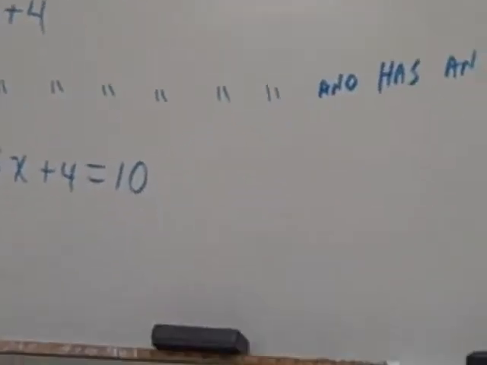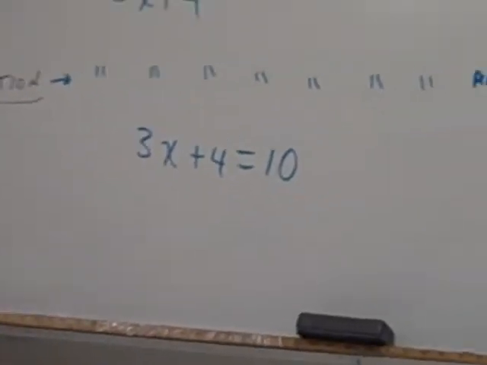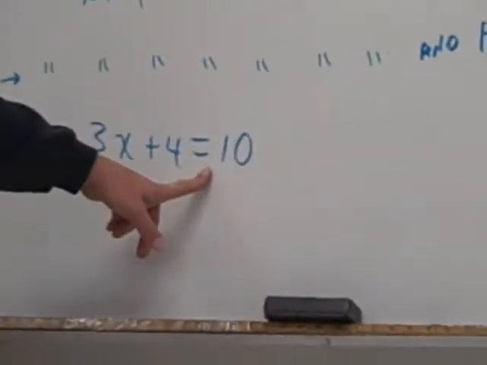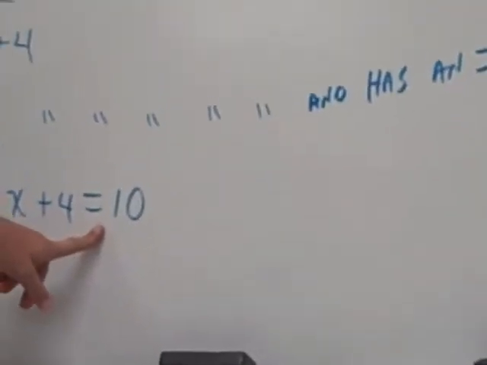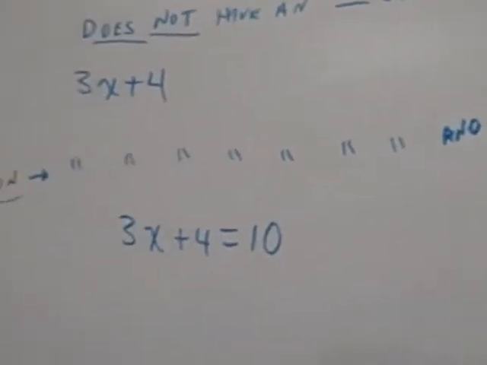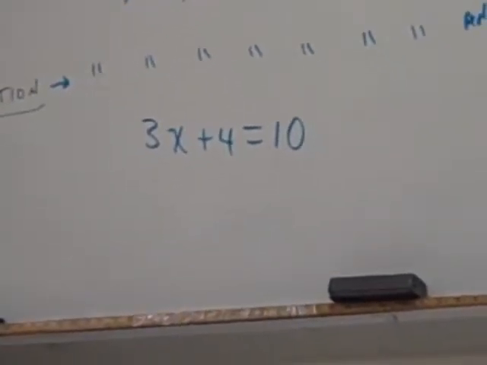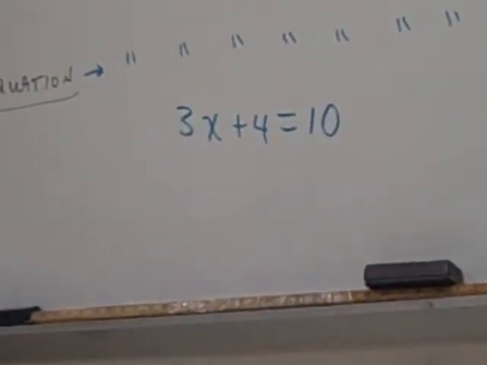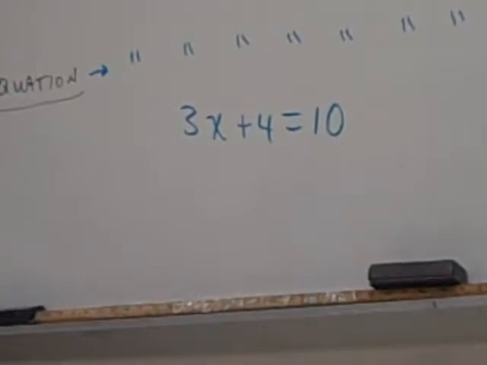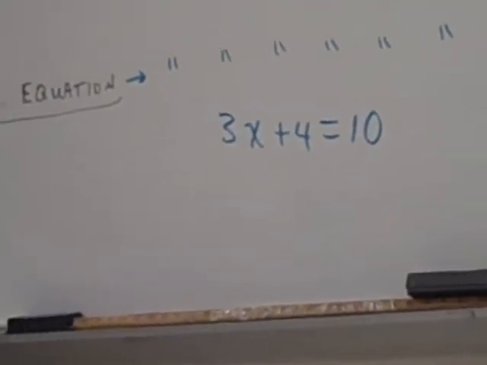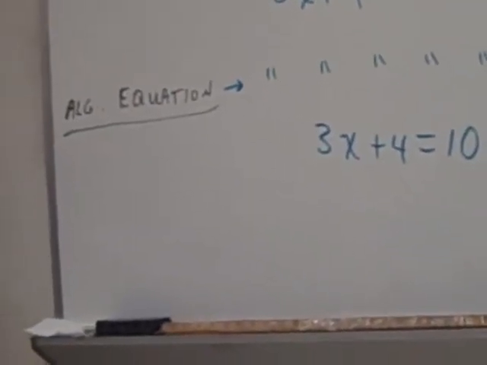The key thing is the equa. If we're talking about an equation, we're looking for something with an equal sign in it. Oh, this is hard stuff, isn't it? Very hard stuff.